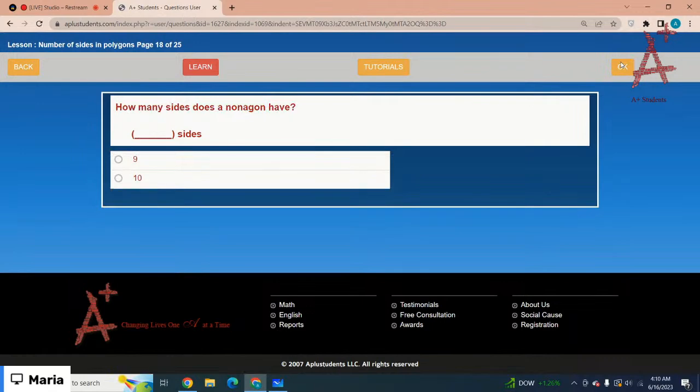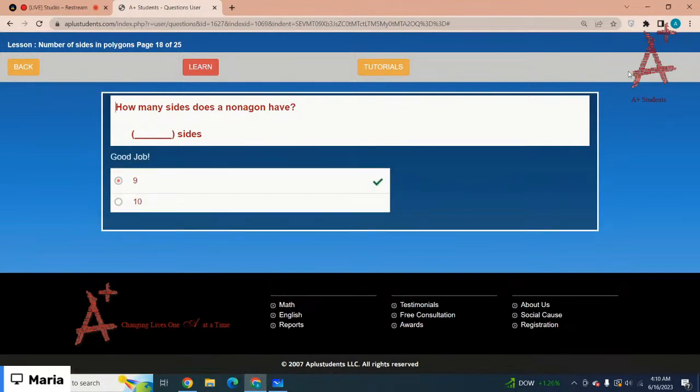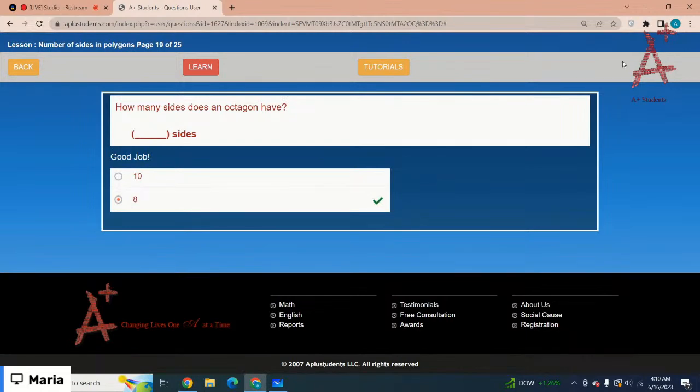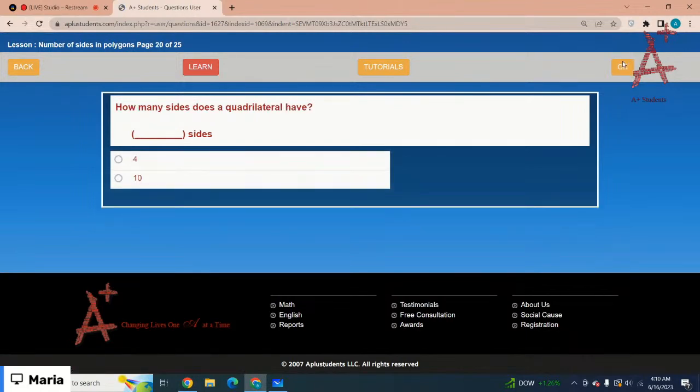How many sides does a nonagon have? A nonagon has 9 sides. How many sides does an octagon have? Octa means 8, so an octagon has 8 sides. How many sides does a quadrilateral have?